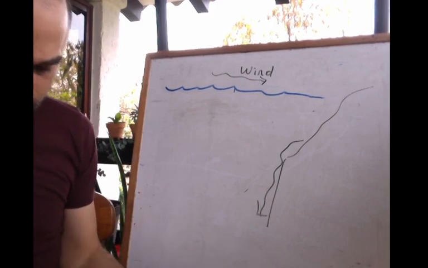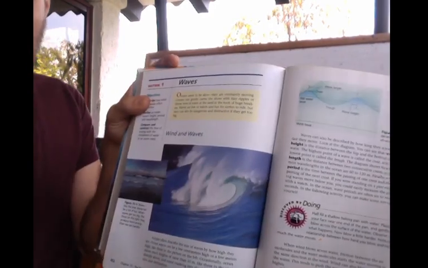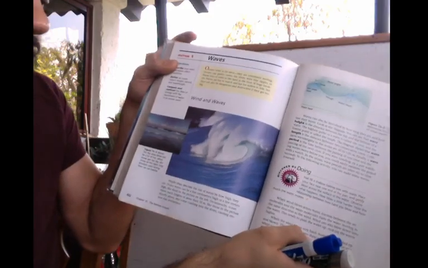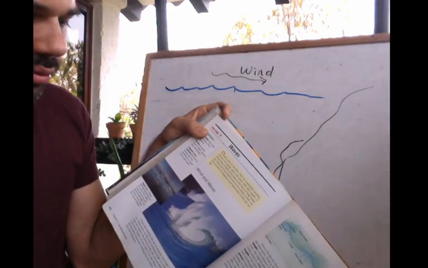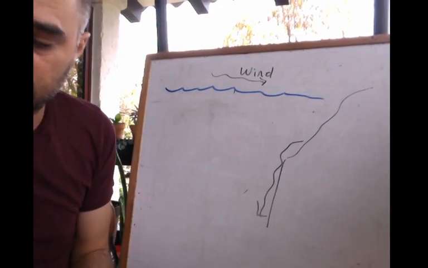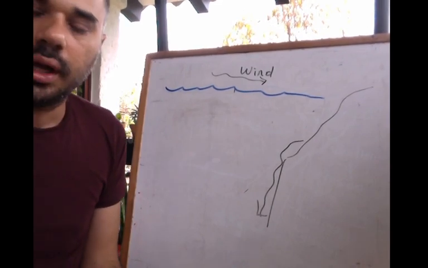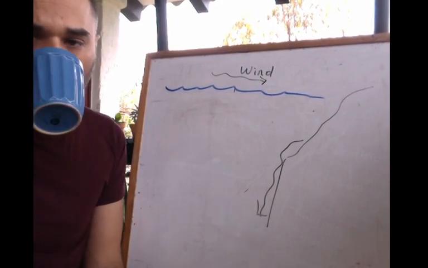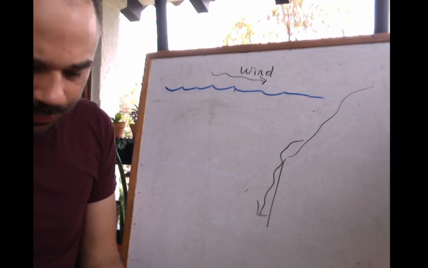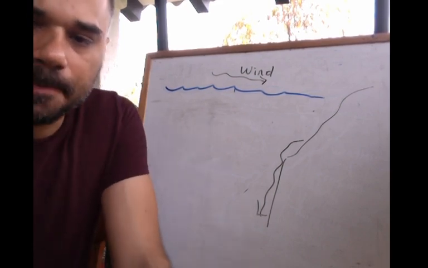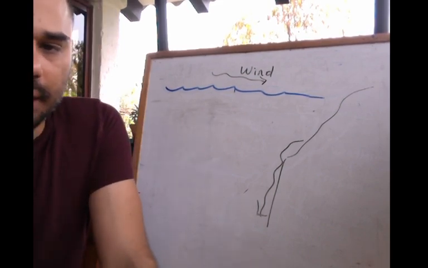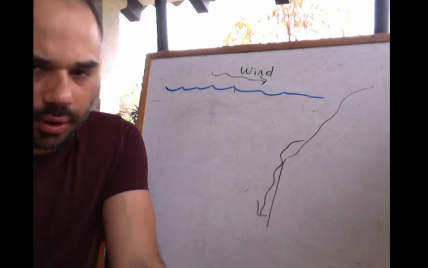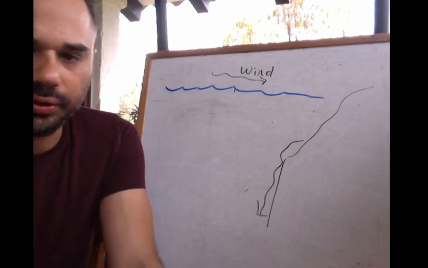Waves. Surfers like waves. Other people don't like waves because they're dangerous. Yes, they have a lot of energy in them. They can exert a lot of force. If you have a storm, for example, then your boat. Okay.